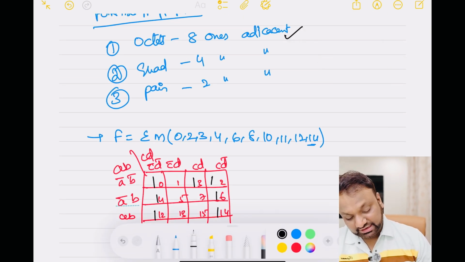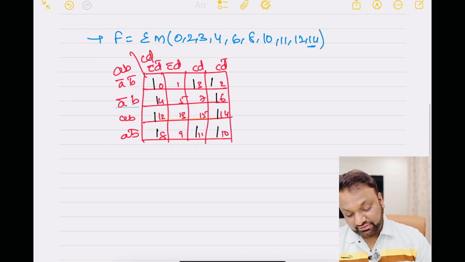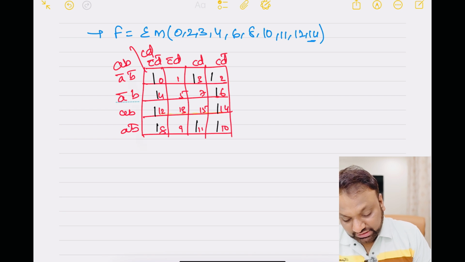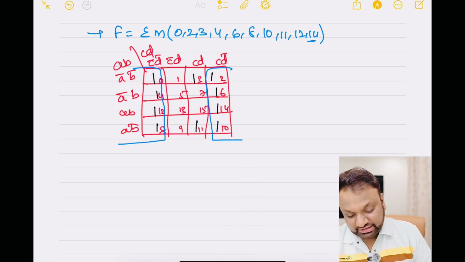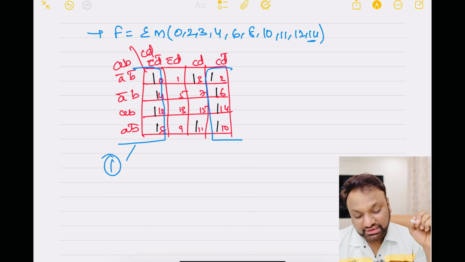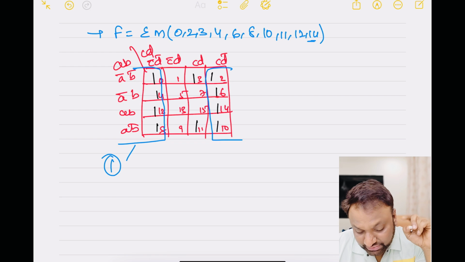Let us see if there is an octet in this or not. You see here I have this one: 0, 4, 12, 8 and 2, 6, 14, 10. This is an octet. My first preference is for an octet, so this is an octet mapping, right?